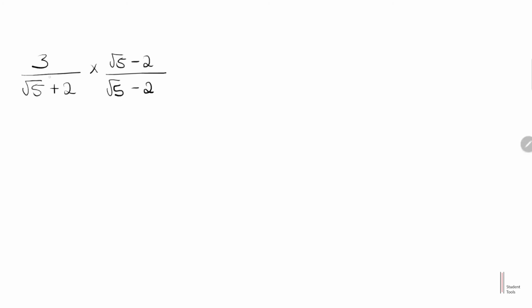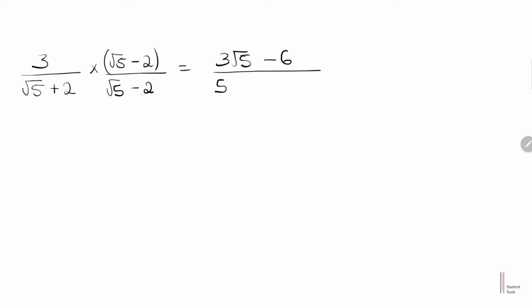So let us multiply this. We have 3 multiplied by the square root of 5 and minus 2. So let's put this in brackets. We have 3 multiplied by the square root of 5, so it's 3 root 5. And we have 3 multiplied by minus 2, so it is minus 6, over the square root of 5 multiplied by the square root of 5, that is a 5.